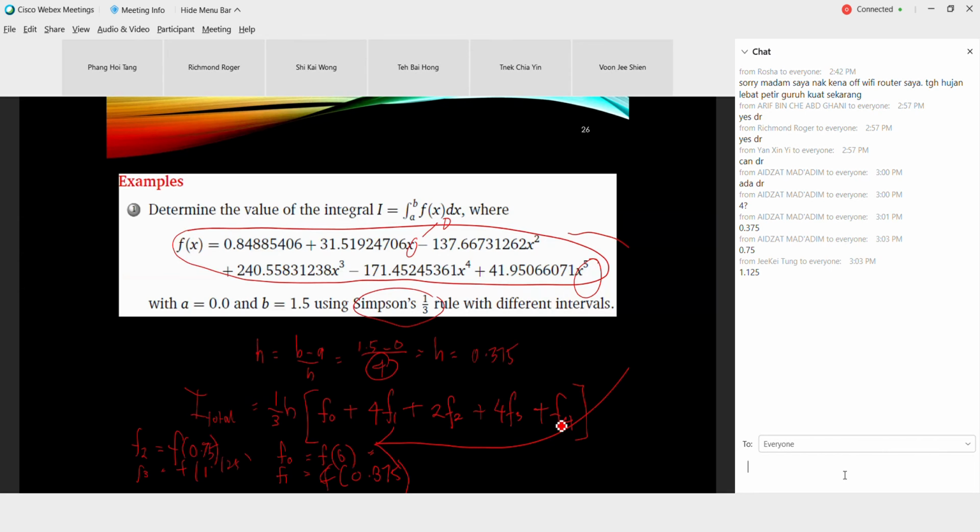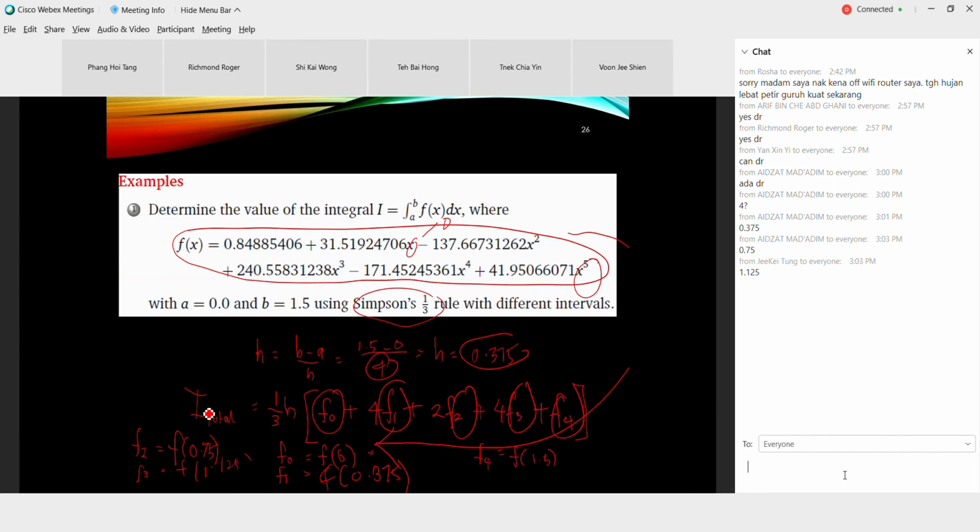You continue until F4, which is basically F at 1.5. After you obtain all the values, please substitute here, here, here, here, here. Sum up all the values, then you obtain I total.